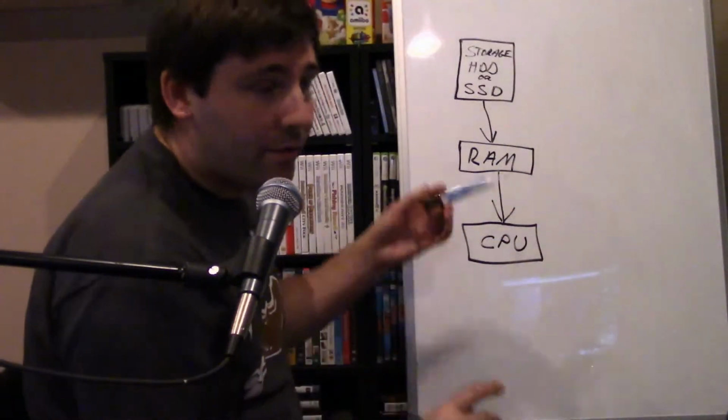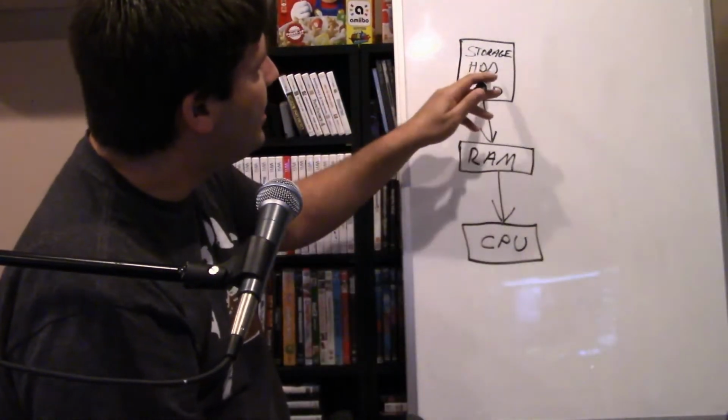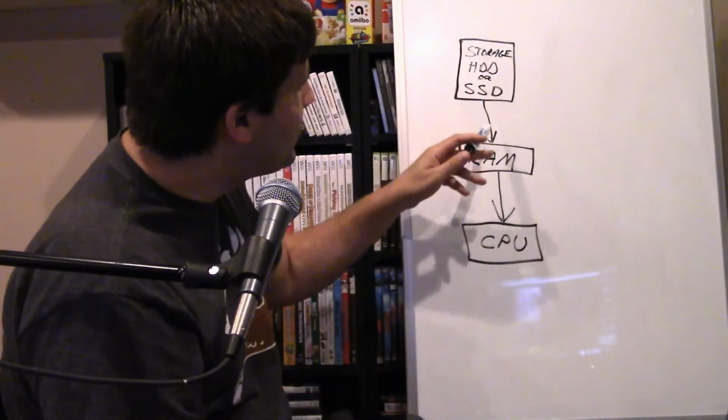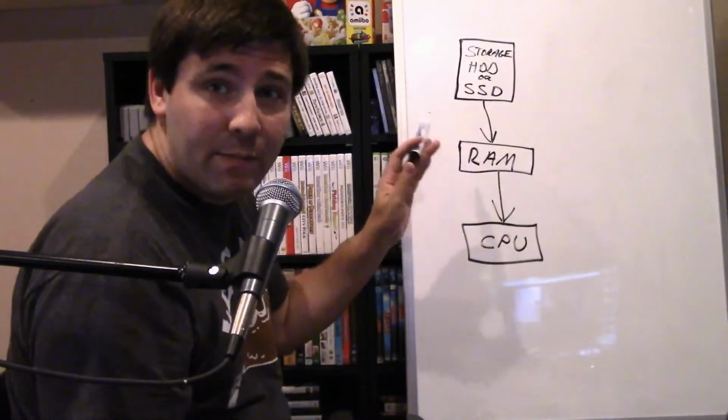And the data, when you're running your computer, runs in this direction. It starts here where everything is stored. And then it comes down here into the RAM, which is another form of memory, but it's much faster.